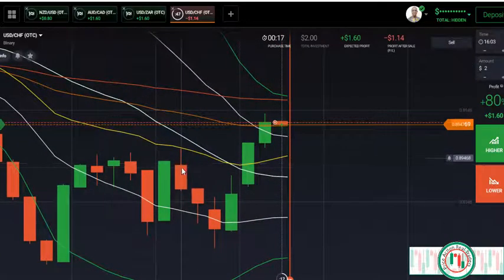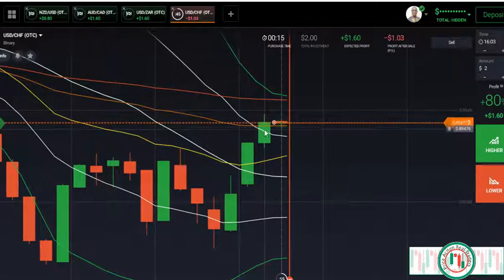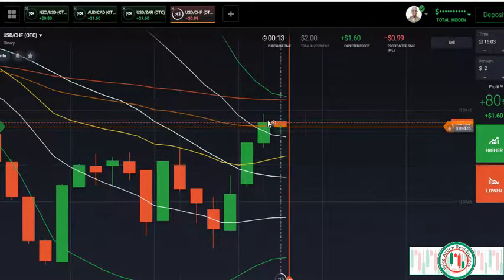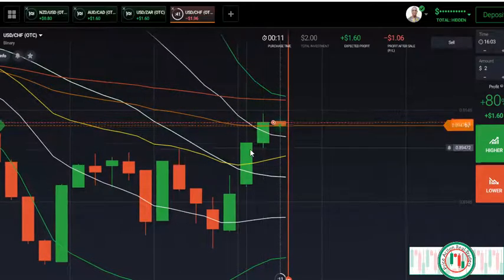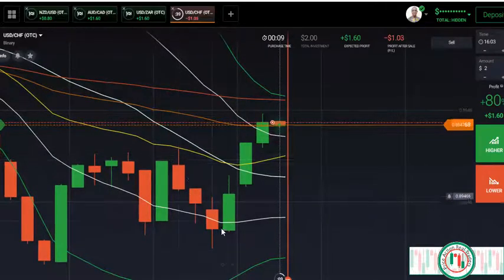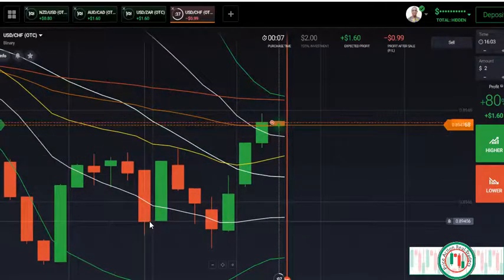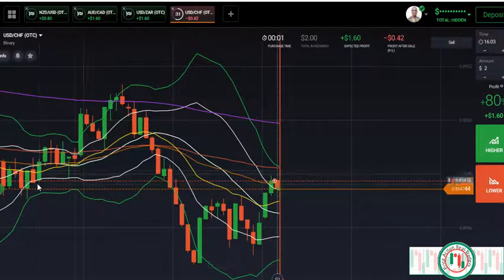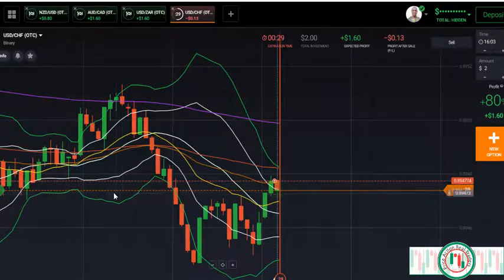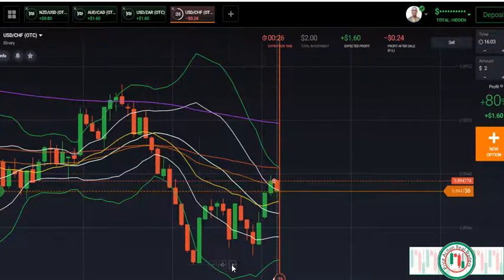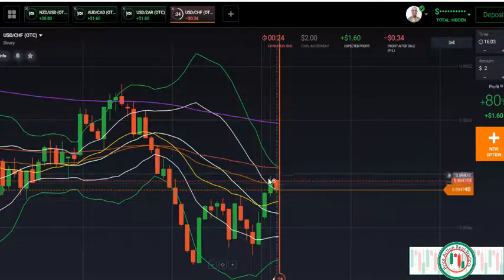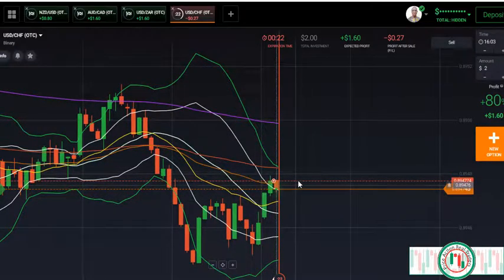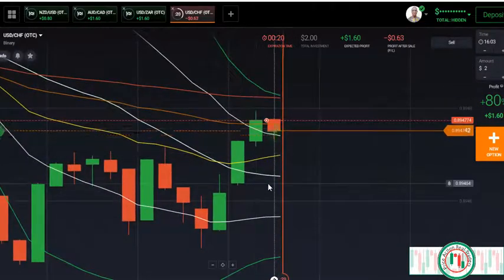This candle has broken. This candle is weak, and here you can see strong sellers entry. So after breakout you should expect sellers, and here is a strong level. This level is very, very strong, and the trend is downtrend. So that's why I place my trade put option.